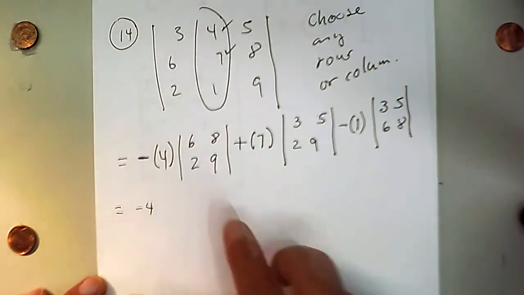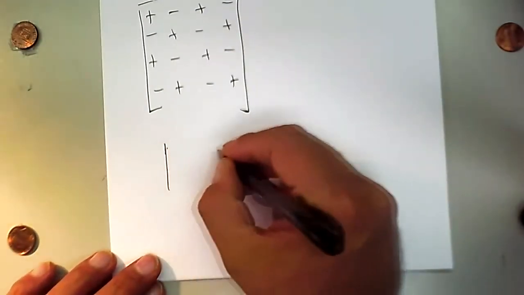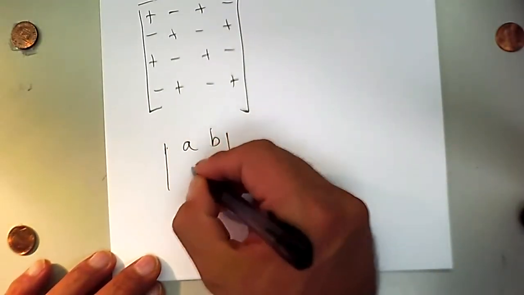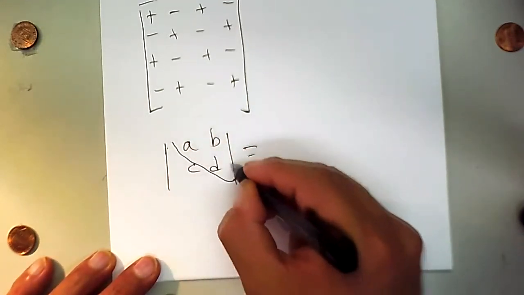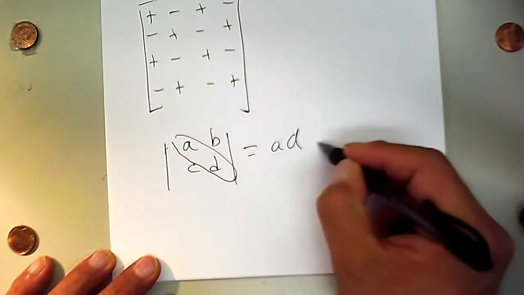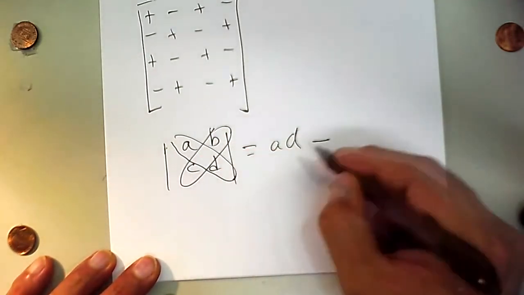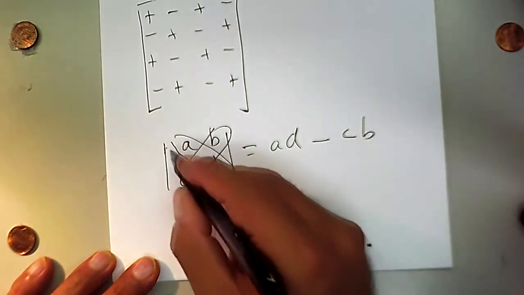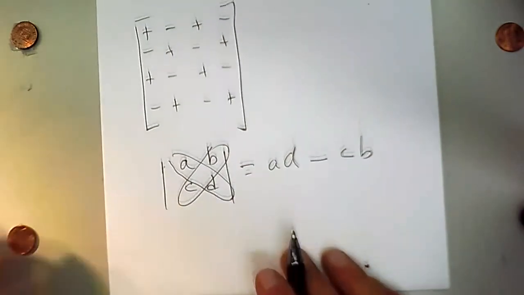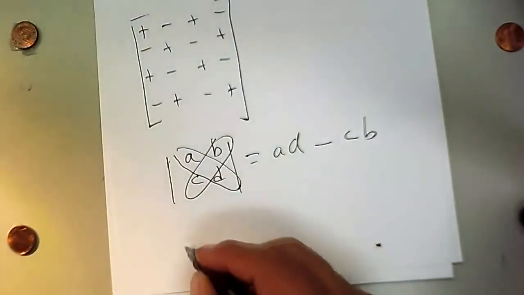Whenever you have a 2 by 2 matrix, A, B, C, D, multiply the main diagonal, AD, and subtract the product of the other diagonal, CB. So AD minus CB, that's it. That's very quick. Let's do 6, 8, 2, 9.